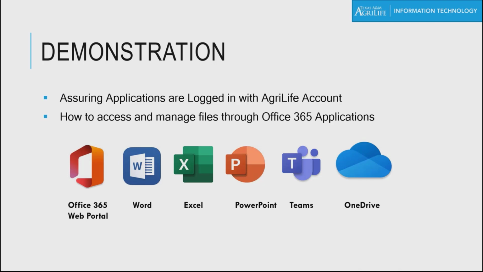So what I'm going to try to do is give you some examples of these features and functions through the various different applications, but also to show you how to verify that your Office 365 applications are using your Agrilifeit account, because we realize some people who migrated from the college were beginning to use TAMU's Office 365, and we want to make sure the data from those applications have been migrated, and also that your applications are using your Agrilifeit account.